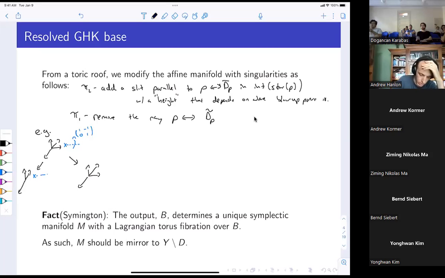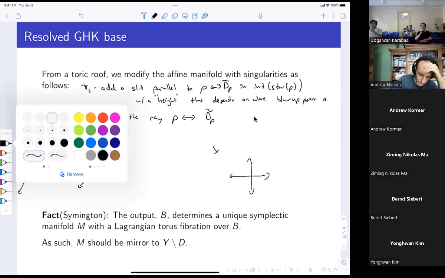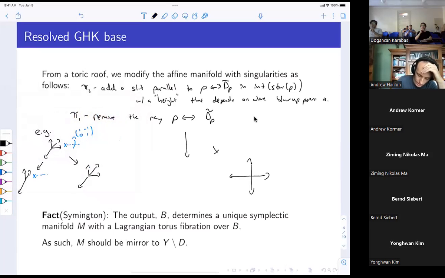For a more complicated example, I can do this however you want. Maybe another example: start with P1 cross P1, and you can do more blowups.